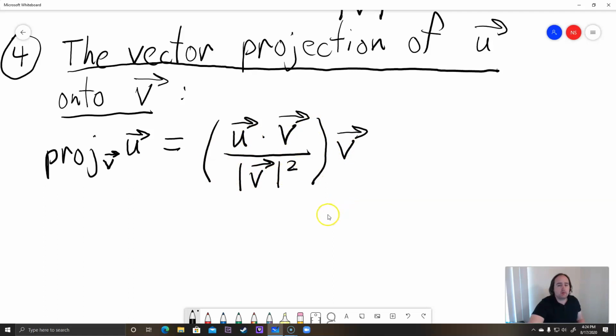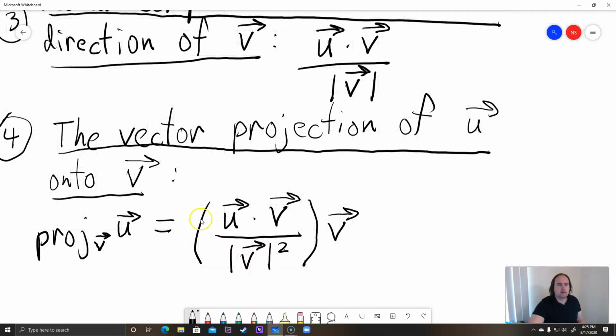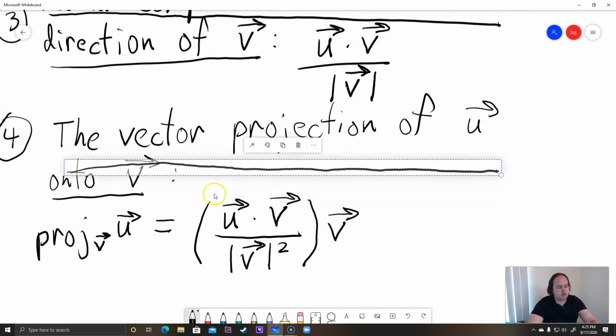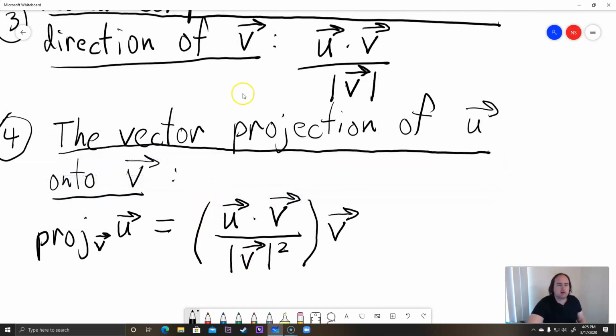That's quite a big formula. But hopefully at this point you're comfortable with the dot product and also the length and just vectors in general.